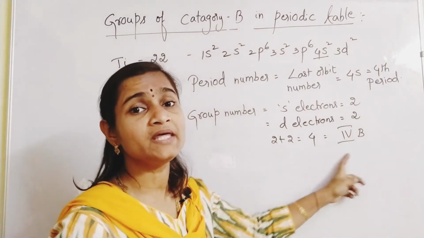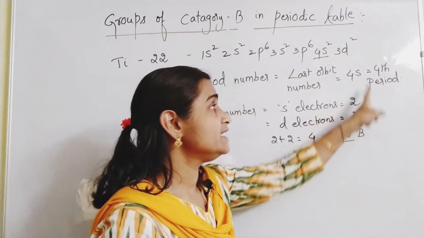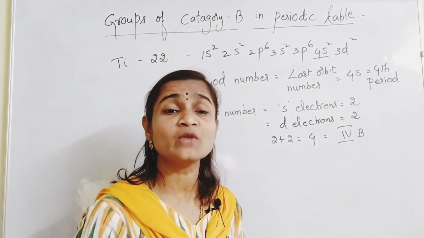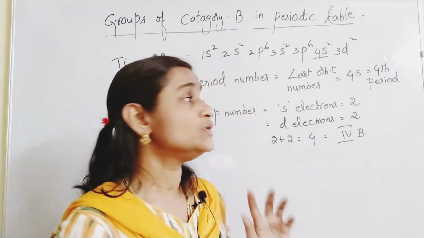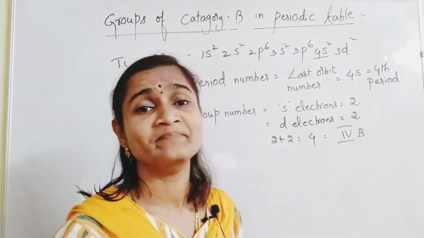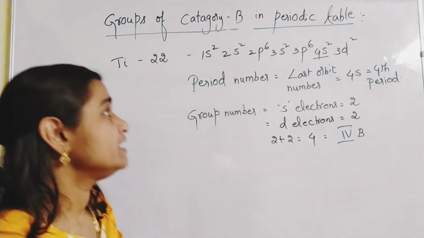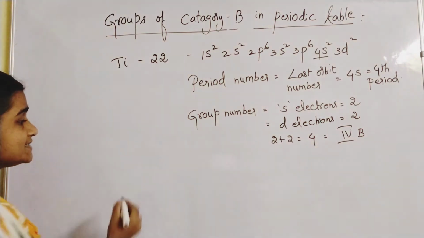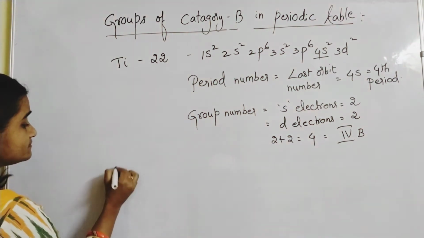Why are we saying B group? Because d orbital is also filled. Please understand carefully. If d orbital is also filled, you call them elements of category B only. Let us take the example of iron.